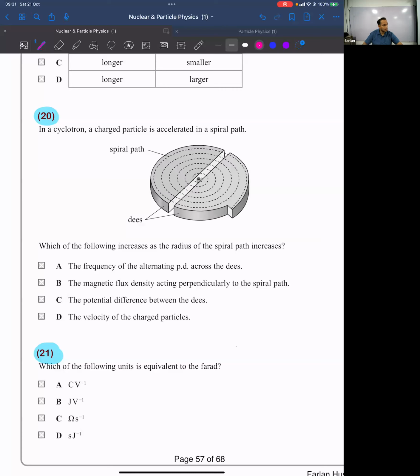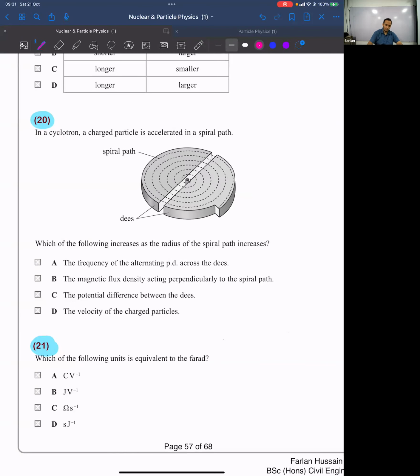What is your answer? Do you remember this equation? V equals BQR over M. Correct?